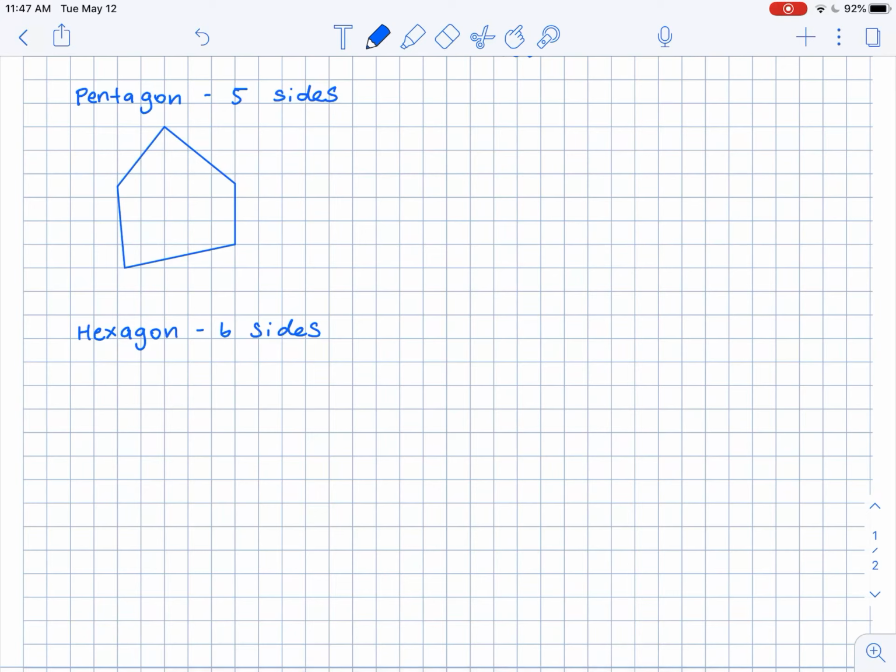So there's a pentagon, and there's a hexagon. Go ahead, pause the video. I'll be back in 5 seconds. See how quickly you could figure out the sum of the interior angles of these two shapes.